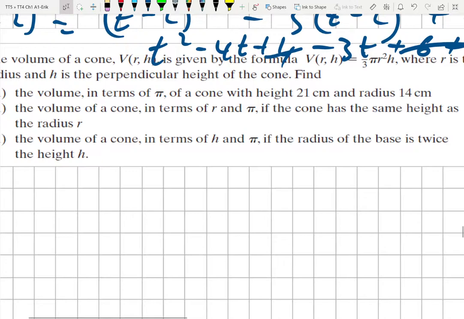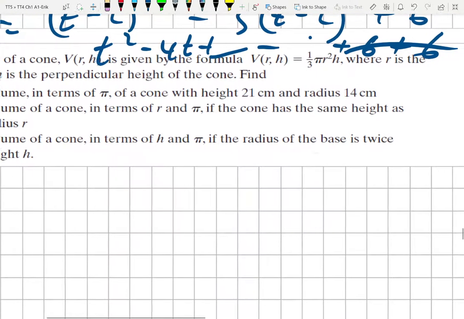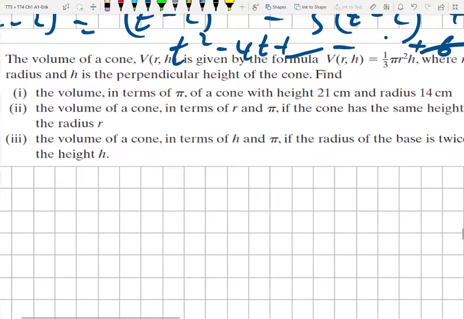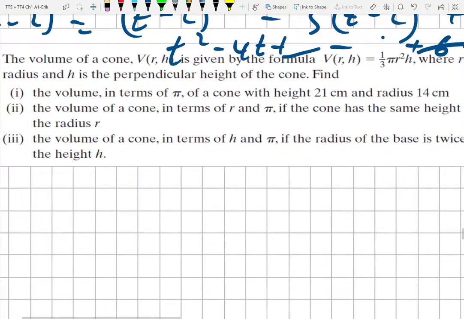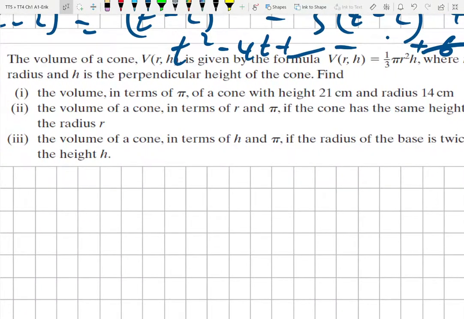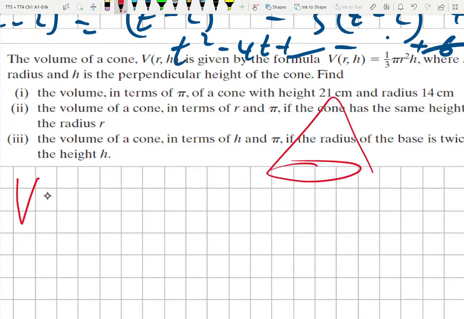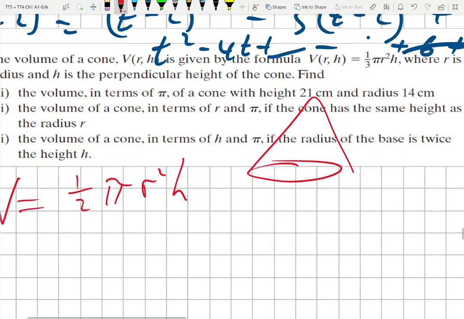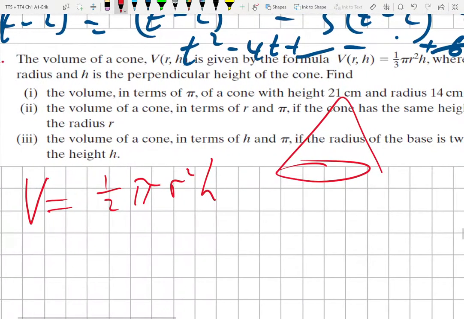Yeah, we know that formula anyway. It's in the tables. So the volume of a cone depends on the radius and the height, like this. And the radius is 14.